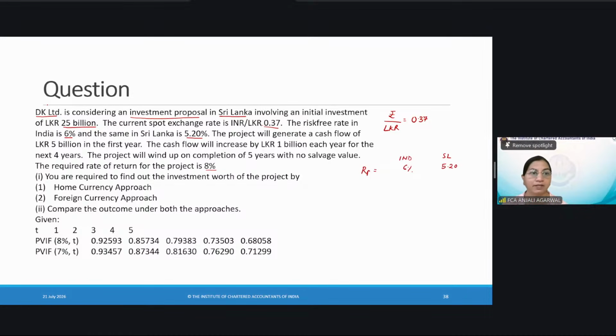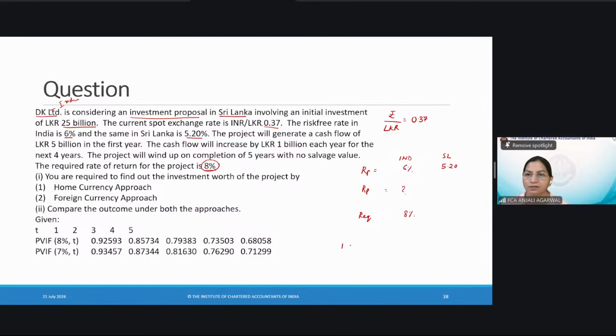So DK Limited is an Indian company which is considering investment in Sri Lanka. So the required rate of return is mentioned as per the Indian company. Therefore, we'll apply the same rule and calculate the risk premium.